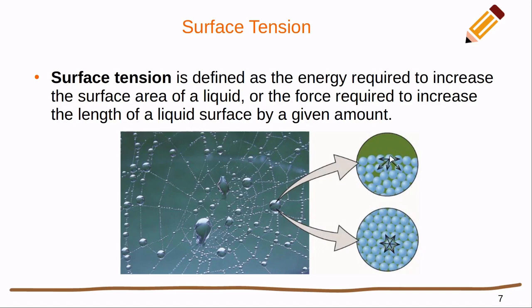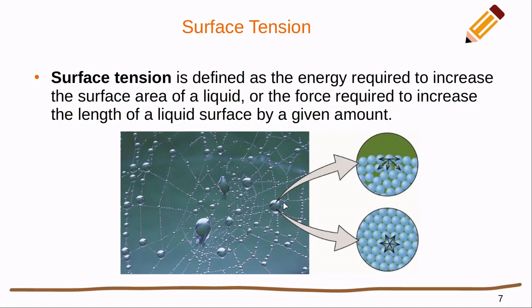But once you get to the surface, you only have cohesive forces coming from the bottom half, where it's still in contact with the droplet. So to move from the center out to here, we have lost some of those attractive forces. That requires energy. To move a droplet out and expose more of its surface, we're going to be breaking up more and more of those intermolecular interactions, all of which requires energy.